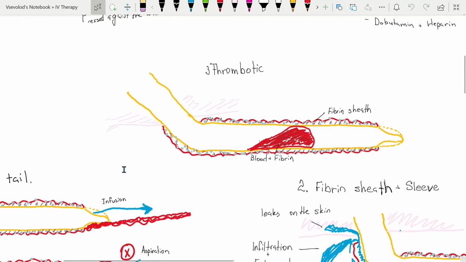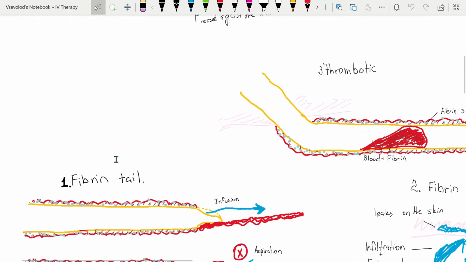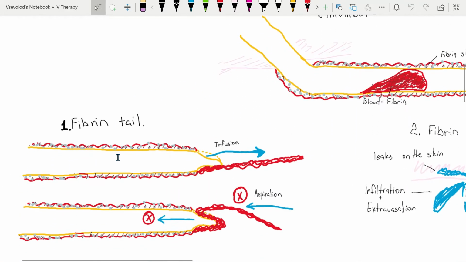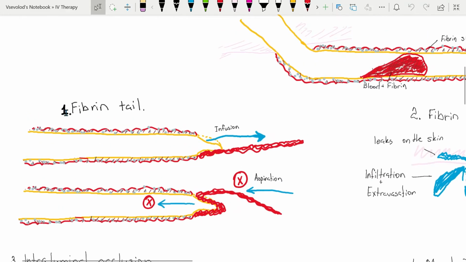The first subtype of thrombotic cause of occlusion is fibrin tail. It is a layer of fibrin located on the tip of the central vascular access device. The tail can grow as more blood components are deposited.